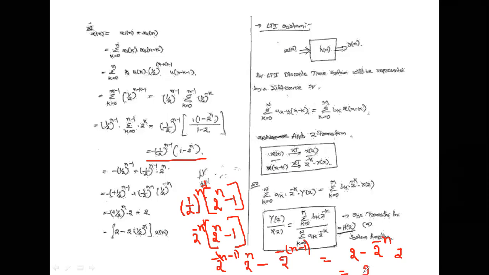That is equal to 2 into, you can multiply 1 minus 2 power n into mu of n. Here 2 power minus n is 1 by 2. So 2 minus 2 into 1 by 2 whole power n, mu of n. Otherwise, you can take 2 as common: 2 times 1 minus 1 by 2 whole power n, mu of n. Got it, my dear students? Mu of n.